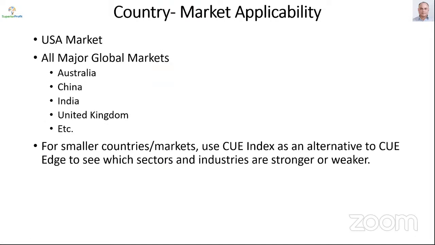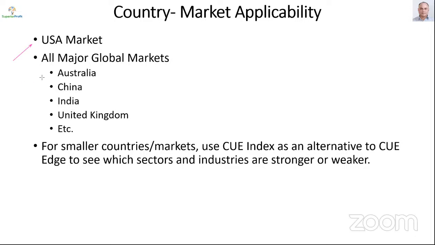Country market applicability. Of course, it works in the USA market. It can also be used for all major global markets where enough market depth is available to calculate sector industry rotation.